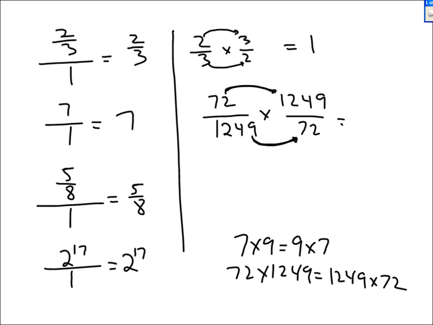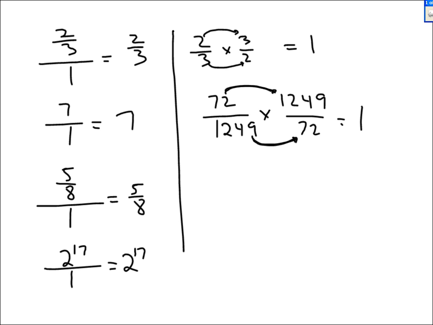It is the top number and the bottom number. They're the same. When you multiply 72 by 1249, you get one single number. When you multiply the two numbers in the denominator, you get one single number. Coincidentally, you get the same single number. That is, dividing the same two numbers, you get 1 every time.